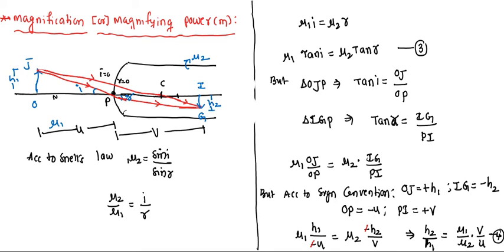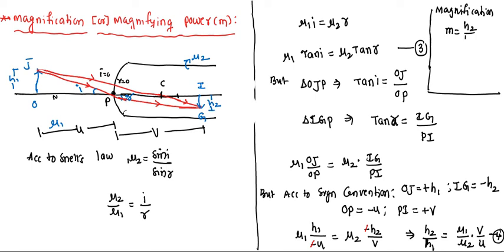Right, and the next continuation, only one step is there, and I will close today's topic. The magnification or magnifying power formula is m is equal to h2 by h1, height of image by height of object.